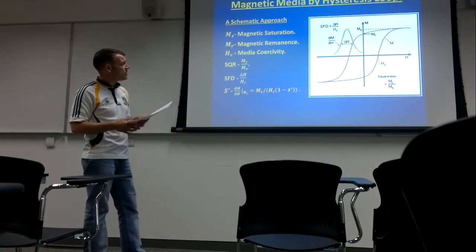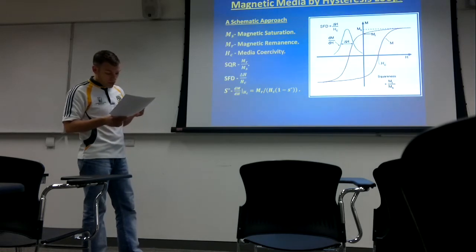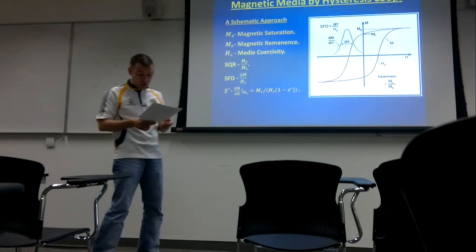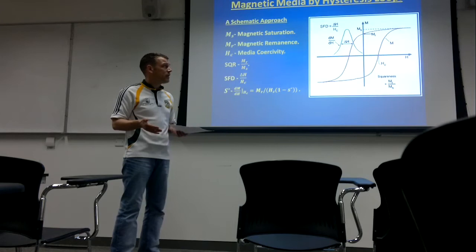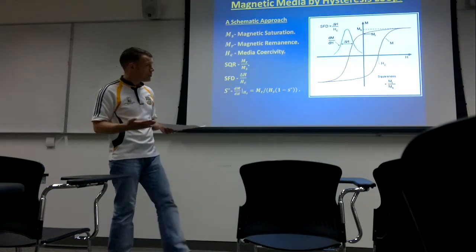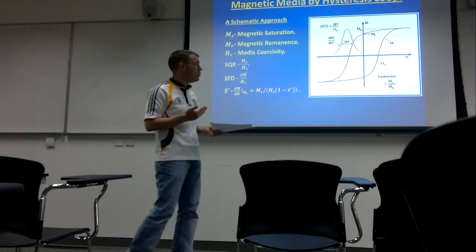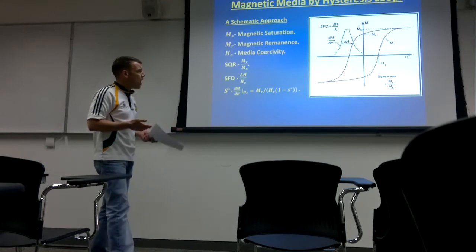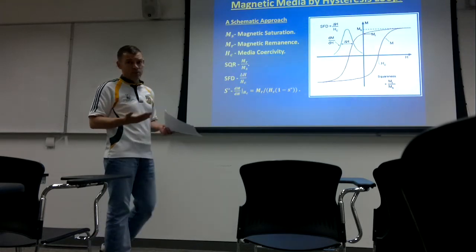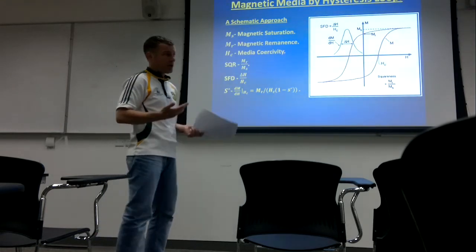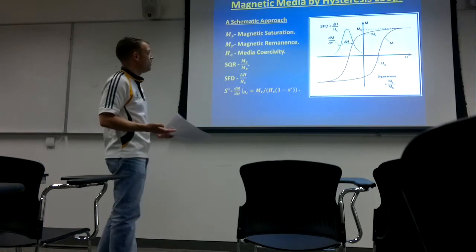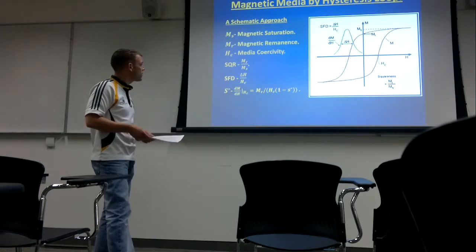The magnetic remanence is that level of magnetic flux which is retained once the electromagnetic induced field is completely removed. A higher remanence means a better material, a clearer signal output for data storage.